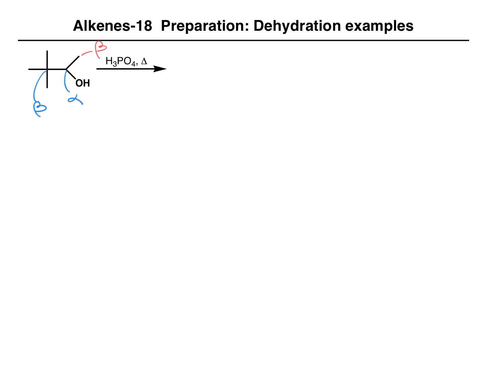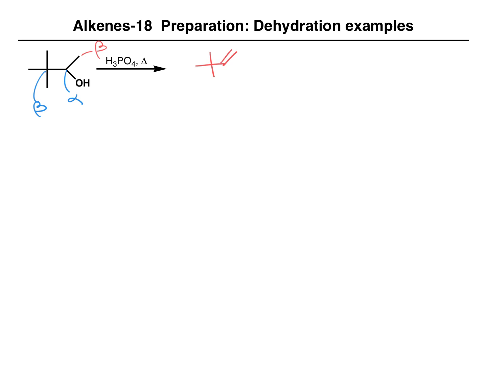Now, the blue beta position doesn't have any hydrogens, so we can't lose H and OH to form an alkene here. So instead, we have to lose an H from the red beta position and the OH here to give an alkene at this position. So we would expect to form this as our major product.